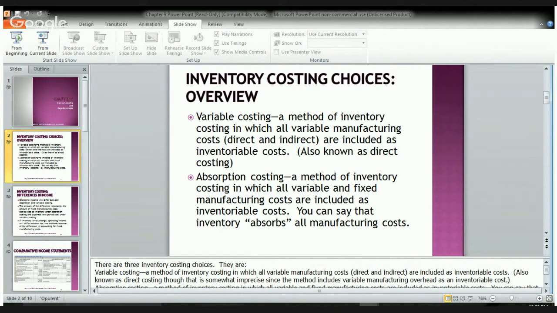Then we put in all our fixed costs. We have fixed manufacturing cost of 1,080,000. We have fixed marketing cost of 1,380,000. And so we take the 3,690,000 minus the 1,080,000 and the 1,380,000. So my operating income here is 1,230,000.